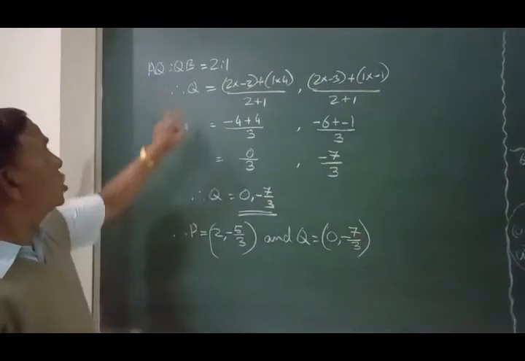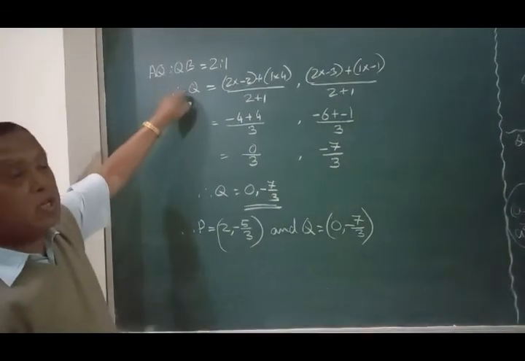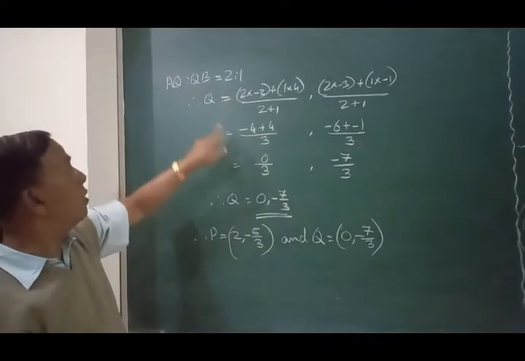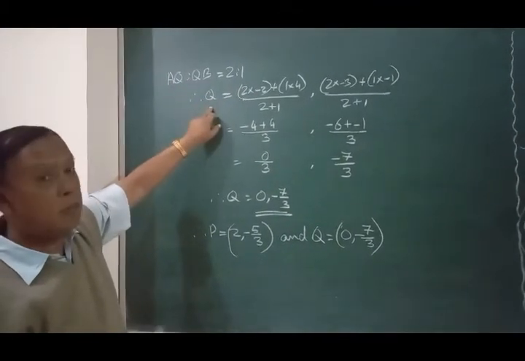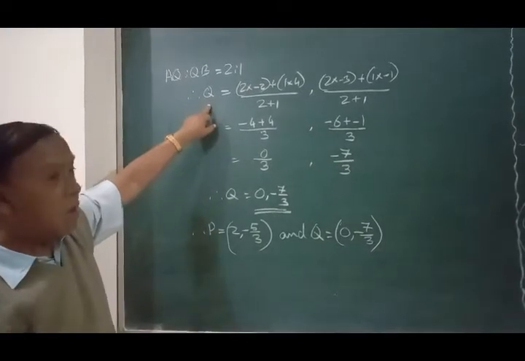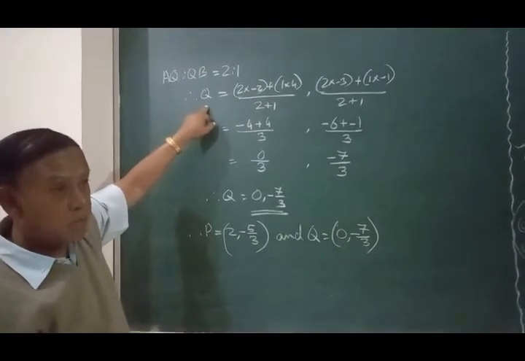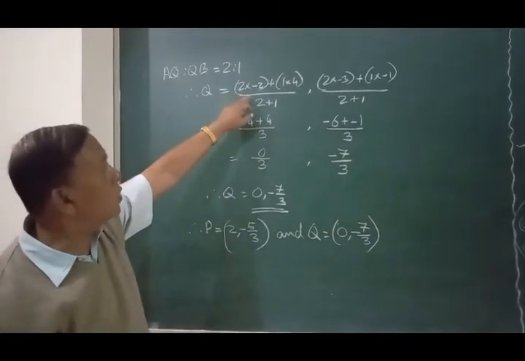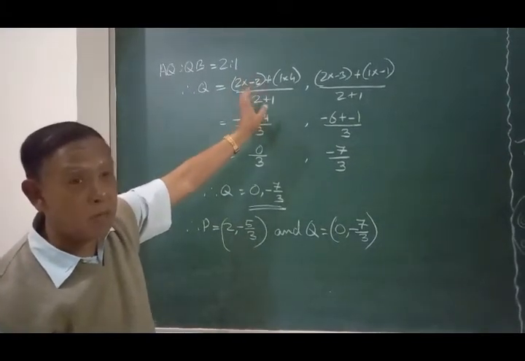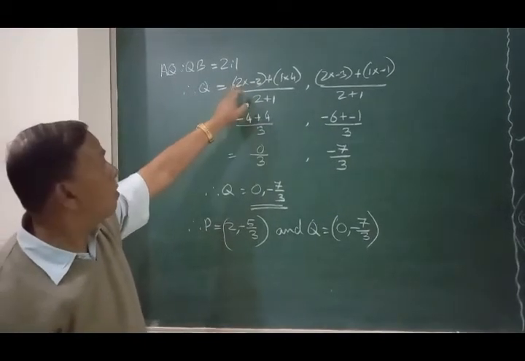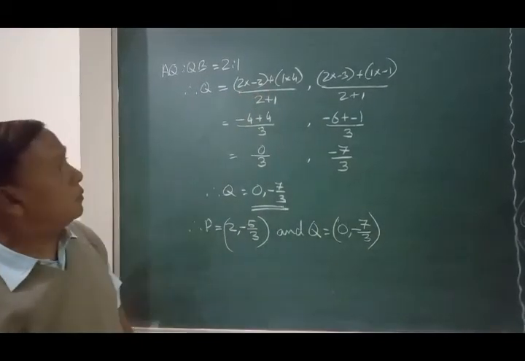We now go to the next one, AQ is to QB is equal to 2 is to 1, and therefore we find the point Q. Again apply the section formula, and you have this. I had to put the bracket so that multiplication becomes easier for you to know. Look at the numbers.